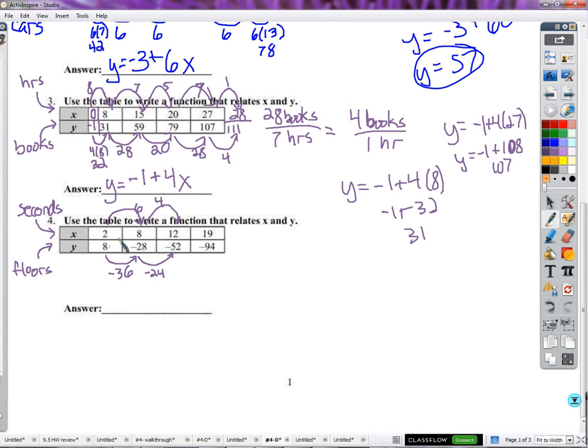If in 6 seconds I go down 36 floors, and in 4 seconds I go down 24 floors, both of those amount to I'm going down 6 floors per second. 6 floors per second. It's a super secret elevator that goes really, really fast.